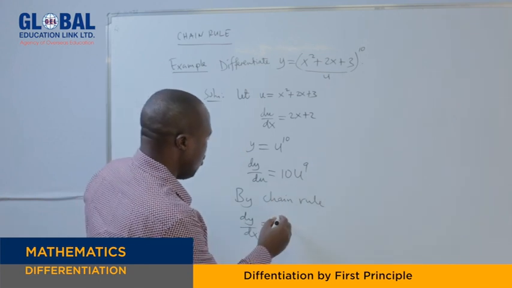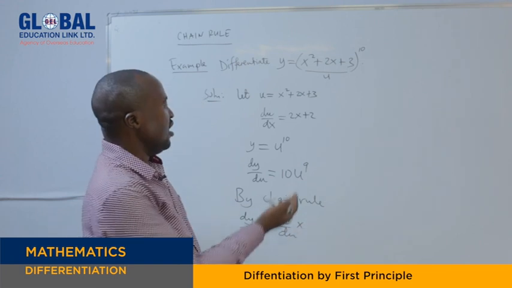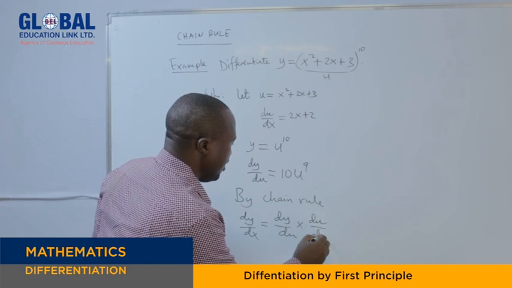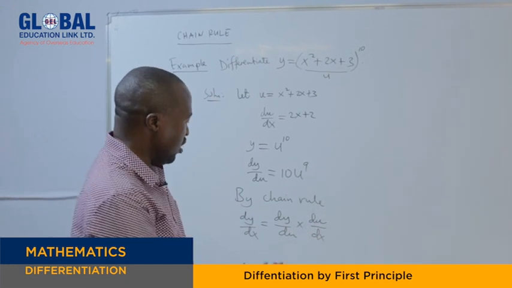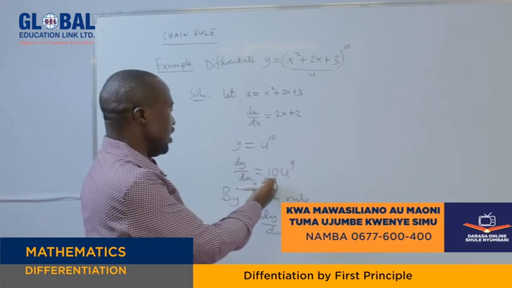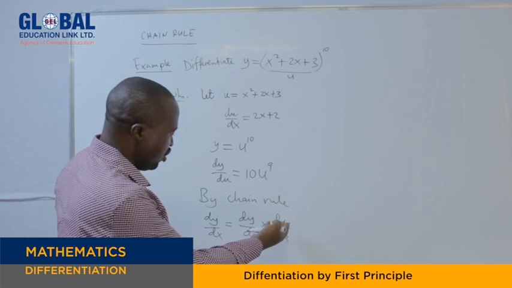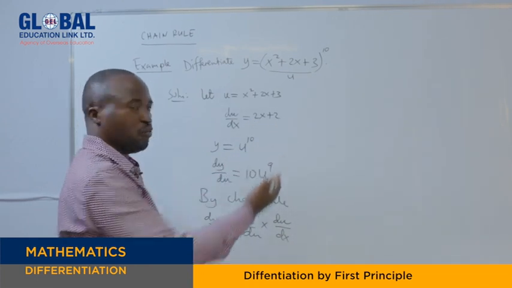We have dy over du equal to 10 u raised to 9, but again we have du over dx, which is equal to 2x plus 2.